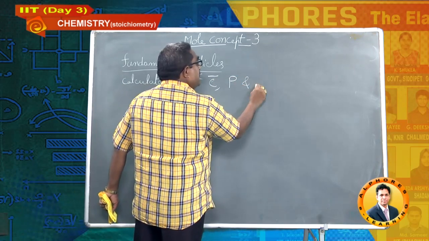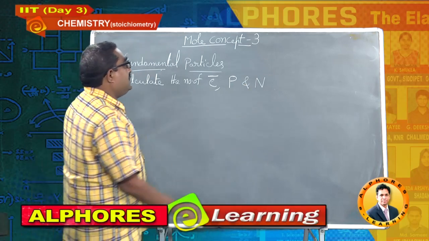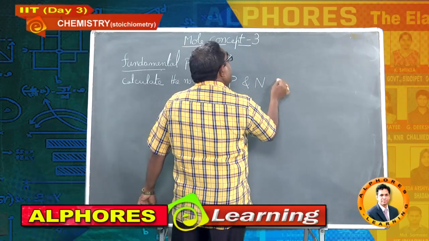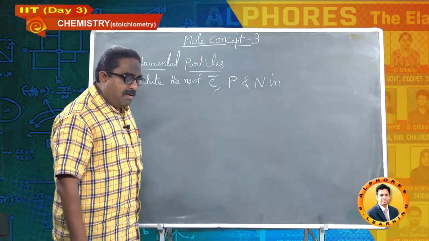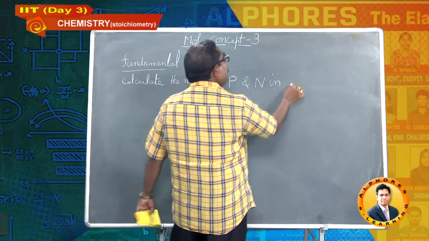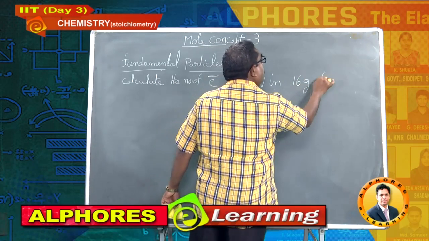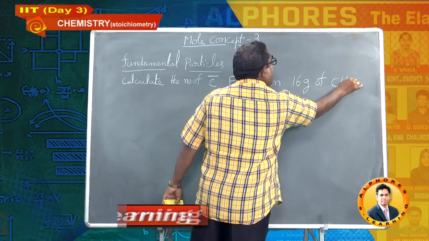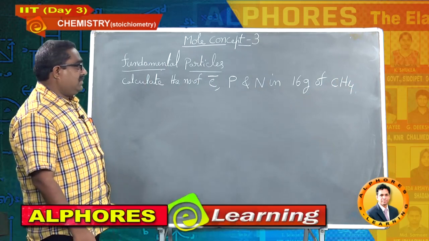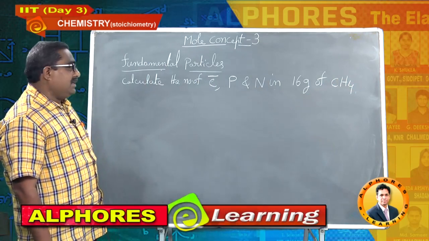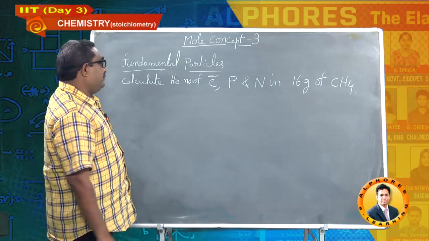I am going to write it as capital letter N. Electrons, protons and neutrons in a given sample of 16 grams of methane. Yes. This is the question we have to discuss now.